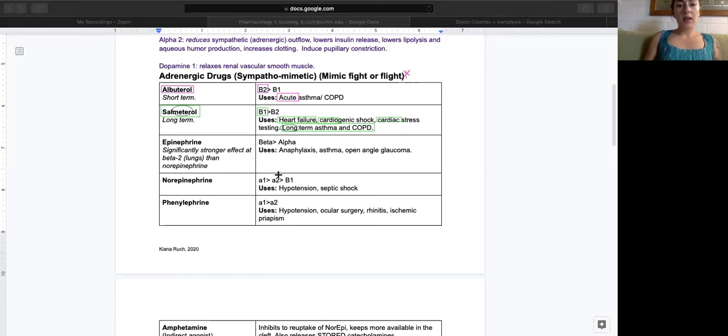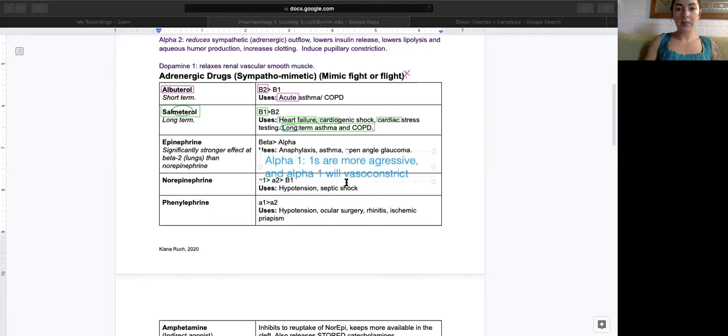Norepinephrine, alpha-1 to alpha-2, and then beta-1, is used in hypotension and septic shock. And remember, why is alpha-1 useful in hypotension? Does anyone remember? I remember that alpha-1 is useful in hypotension because alpha-1 will vasoconstrict.